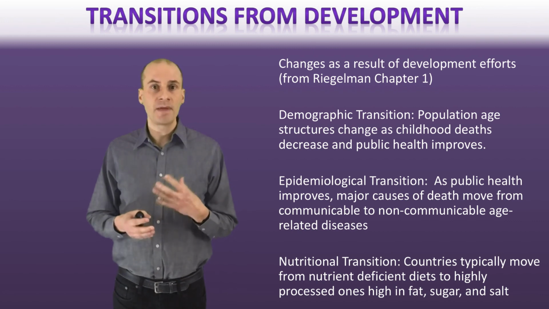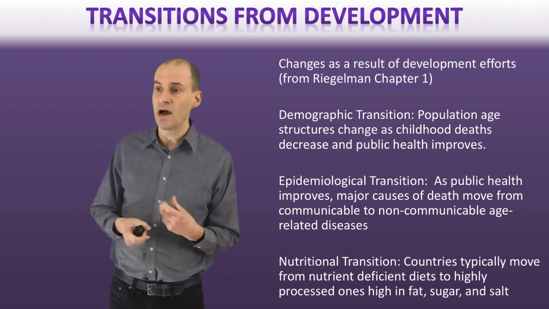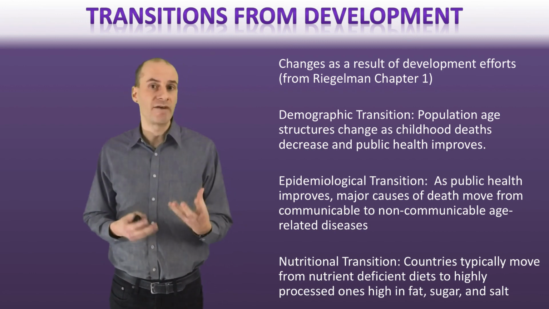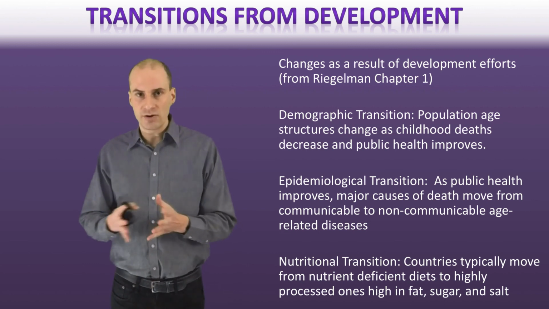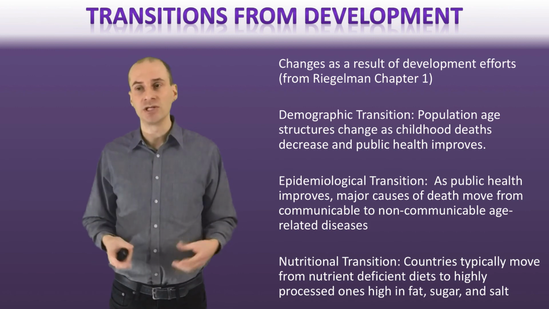People are suffering from having too much access to food, and often food that isn't very healthy, with lots of fats and sugars and salts, which does have an impact on health over time. So we'll see that there are these changes over time that we can measure and understand as we look at these population level measures.